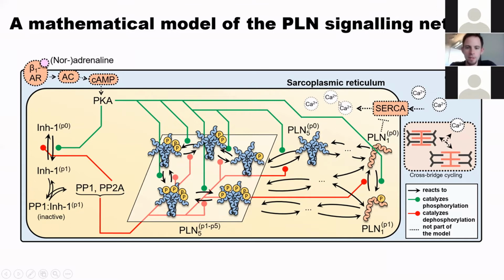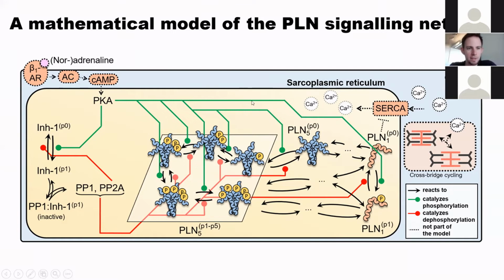I also included the pentamers and how they can be phosphorylated in their different states, and of course all the relevant enzymes in this context, which is PKA, but also the protein phosphatases PP1, PP2A, and also a feed-forward loop, which features the inhibitory protein inhibitor 1.